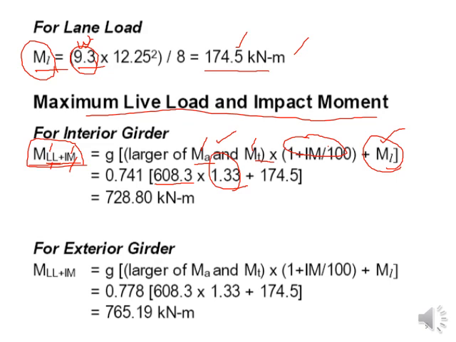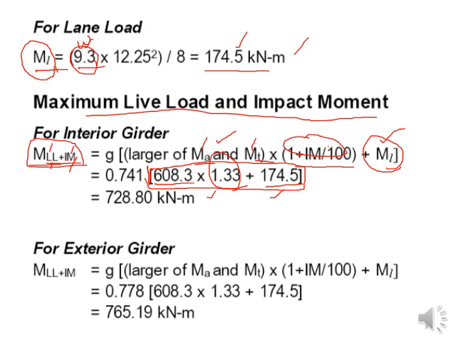Because only the dynamic allowance factor needs to be multiplied with the moving vehicular load. Then you add the lane load separately without multiplying it with the factor, and whatever you get by adding up all of the moments by the live load. I am again repeating it, the live load moments by the lane load and by the moving vehicular load. This is the longitudinal effect.